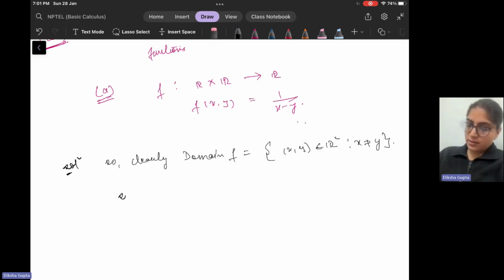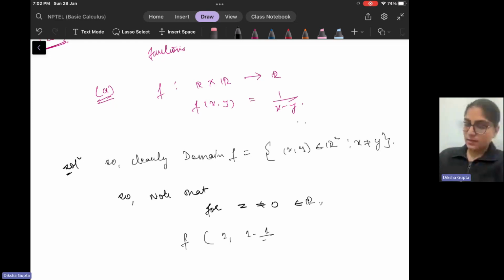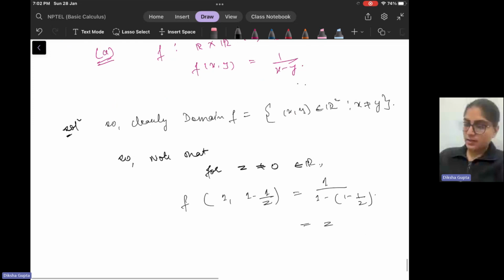Okay, so note that for some z not equal to 0 belonging to R, f of (1 upon z, 0)... I just apply the definition, this comes out to be z.